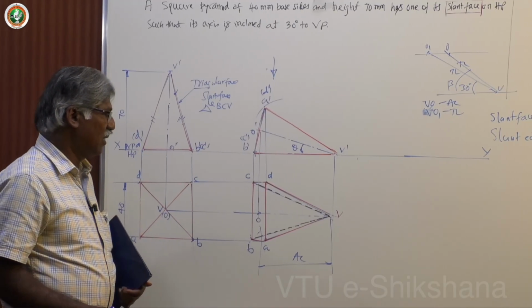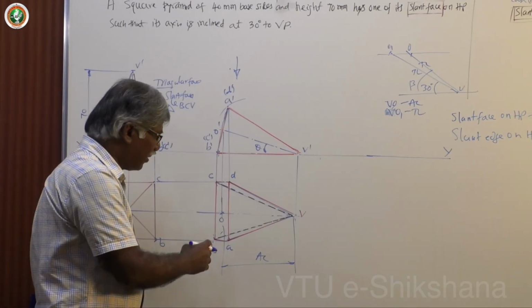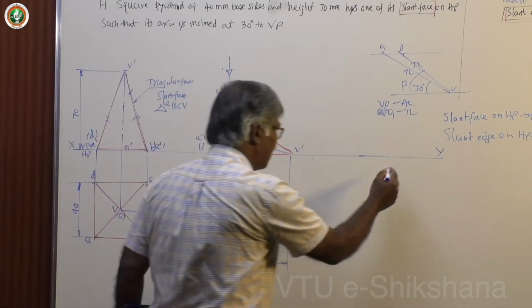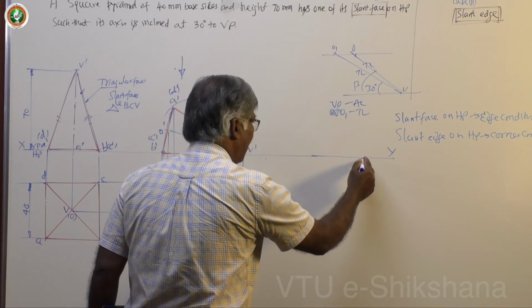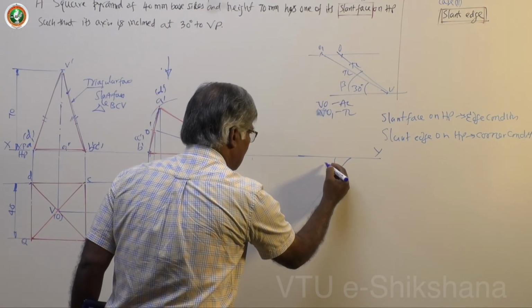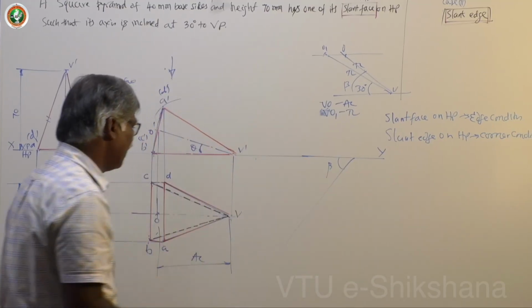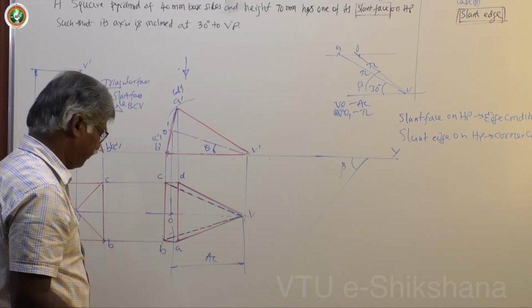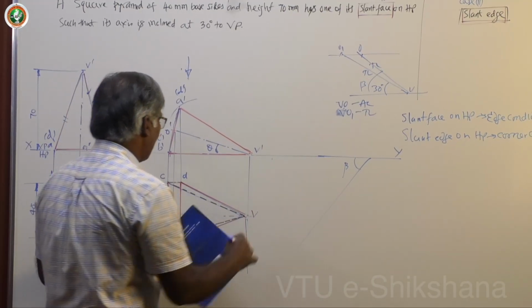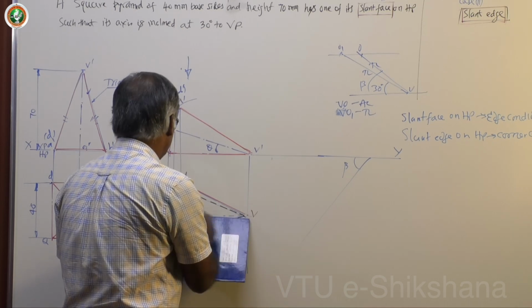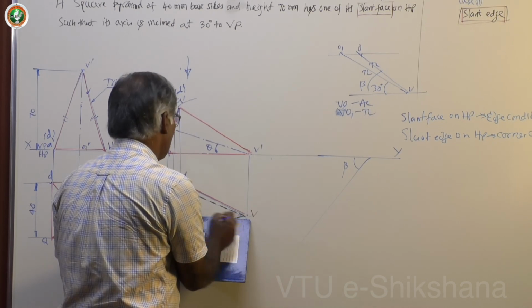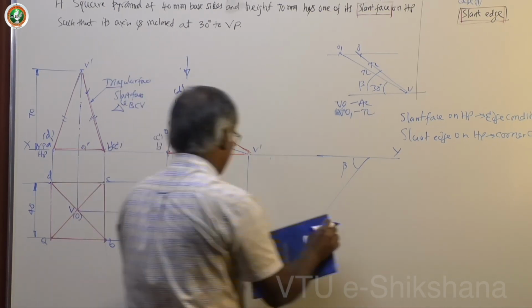Okay. Now, how to redraw it? You know, draw this line inclined at some angle beta, whatever value you get, and then redraw the figure. For redrawing the figure you can use the specific geometry reference, okay, and draw it.